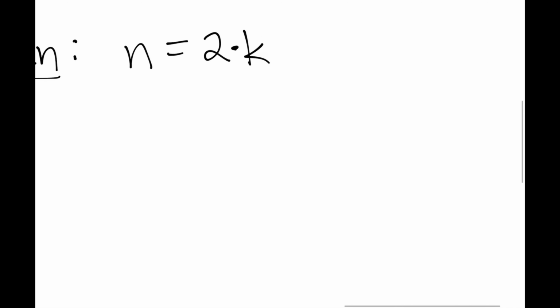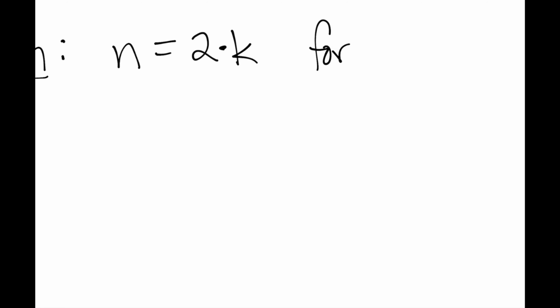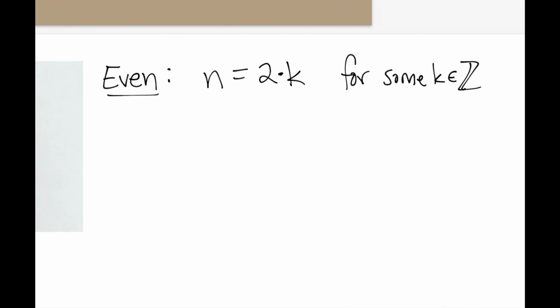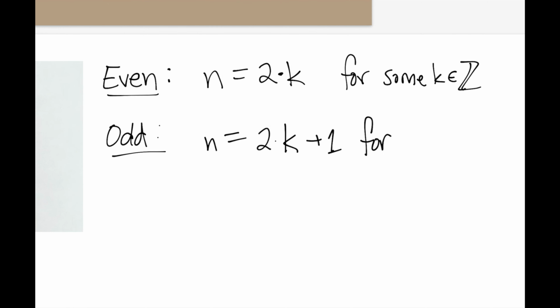So these definitions are going to be useful for us, along with 2 definitions I'm going to add here to remember that an integer is called even if it can be written as 2 times k for some integer k, and that an integer is odd if it can be written as 2 times k plus 1 for some integer k.